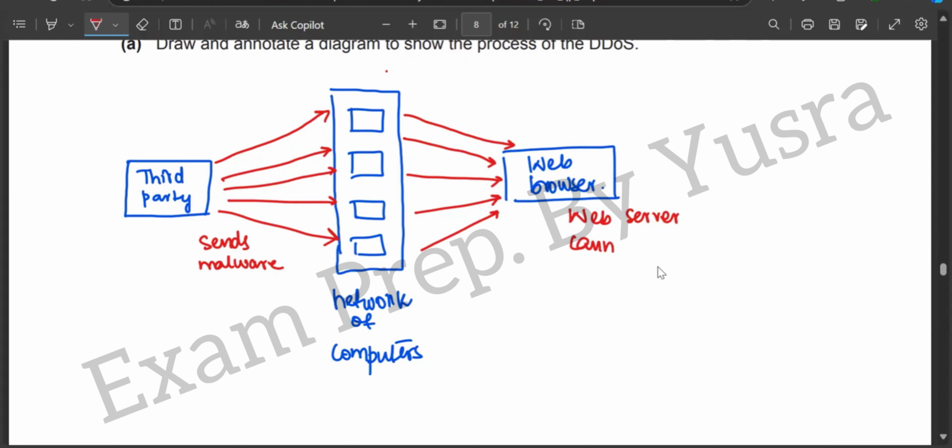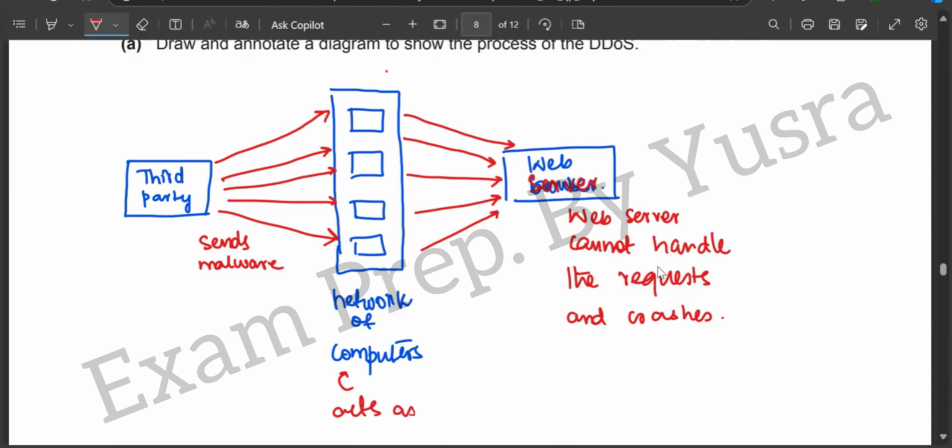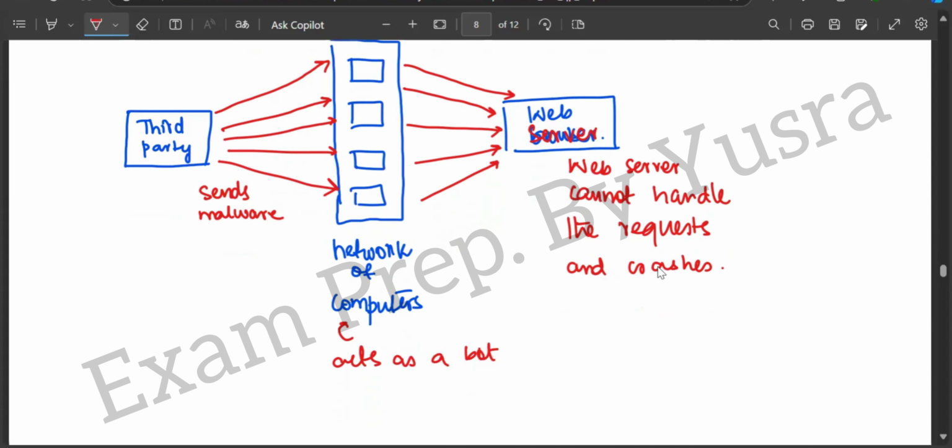The web server cannot handle the requests and crashes. This network of computers acts as a bot and sends all the requests at once.